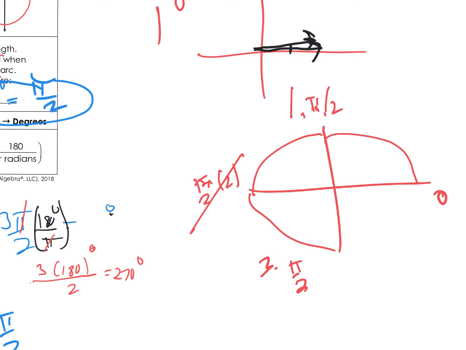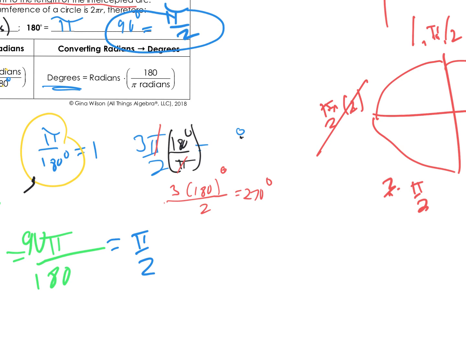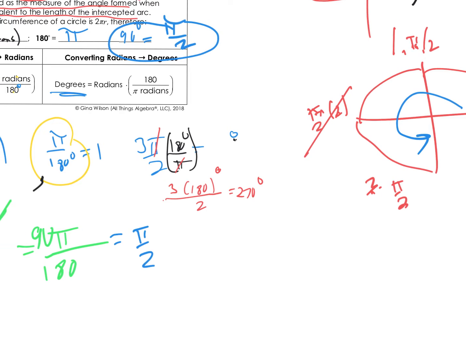Times 1, times 2, times 3. And that's why we got the answer of this 270 degrees, which you told me earlier must be 3 pi over 2.